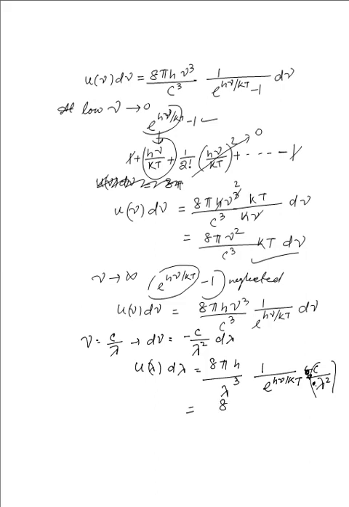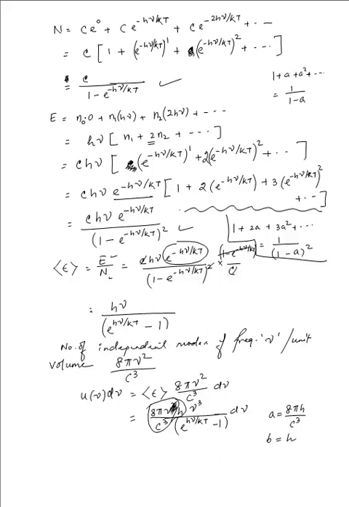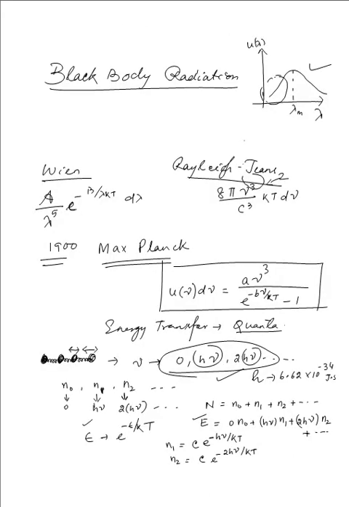What we are concerned with is only the value, that is 8 pi h, and the c term over there at the top, divided by lambda to the power 5, 1 divided by e to the power h. Remember, nu is simply equal to c by lambda, so this is c divided by lambda kt, or k lambda t, write it as you like, and this is d lambda over there. So this expression divided by lambda to the power 5 is exactly similar to the expression that we had obtained.